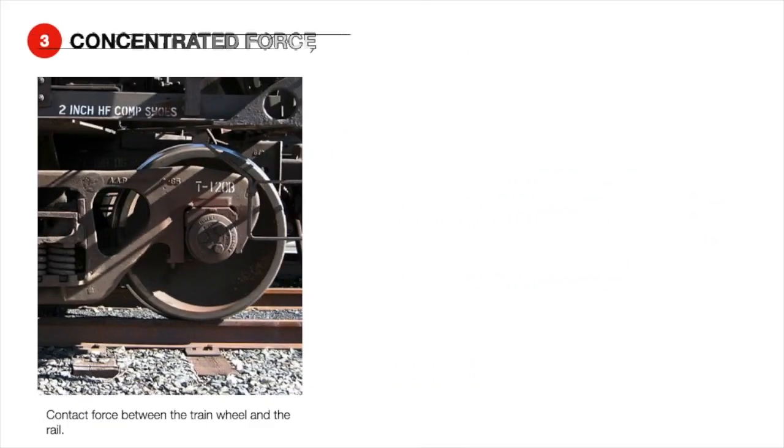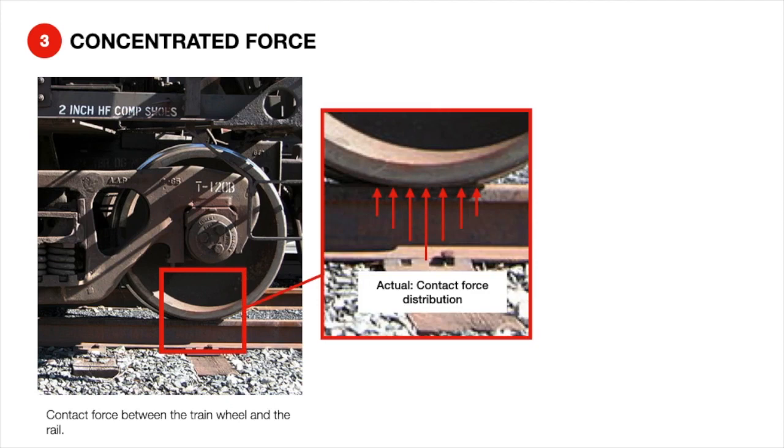The third simplification is to assume all external load to act only at one point of the body, or what we call a concentrated force. Taking the same example of the train wheel, the actual force distribution between the rail and the train wheel is as shown. It has a kind of force distribution along the contact point.